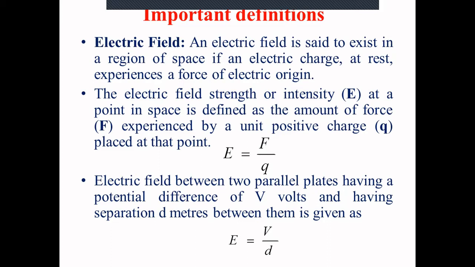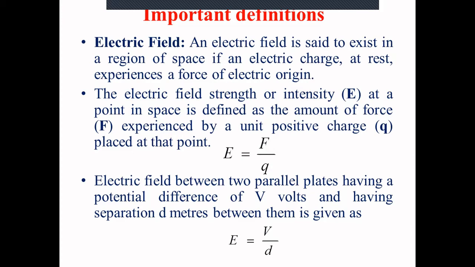Electric field strength. Next, we will discuss electric field strength or intensity of the electric field. How strong or weak the electric field is can be determined with the help of electric field strength or intensity. Let us consider at point P there is a positive charge, and somewhere near point P there is a point Q. At point Q we have to study the intensity of the electric field.